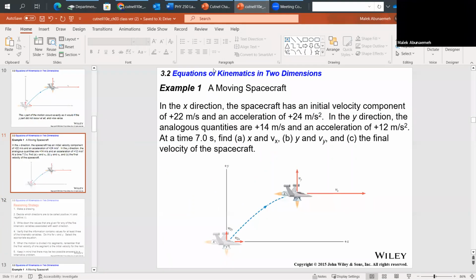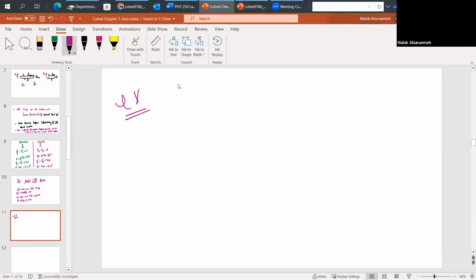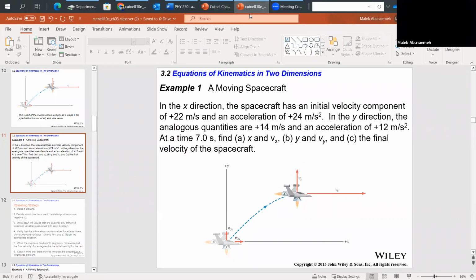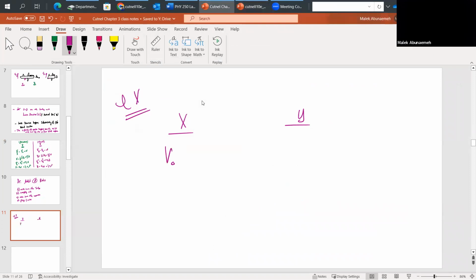The first piece of information that we have, let's say we have the x direction and the y direction for the information. For the x direction, we have an initial velocity component of 22 meters per second. So that means our v naught x is going to equal 22 meters per second, with an acceleration in the x direction of 24 meters per second squared, so a x equals 24 meters per second squared.